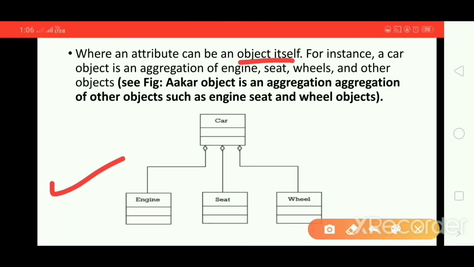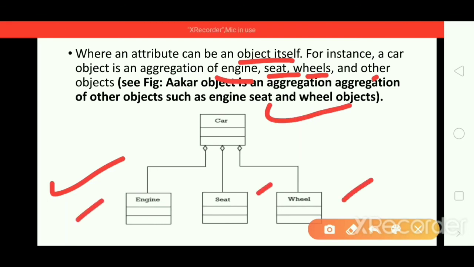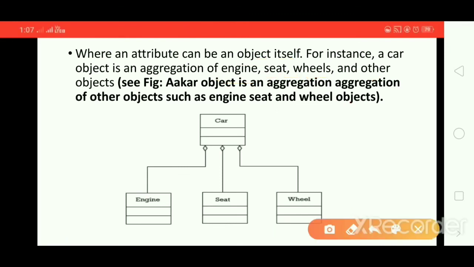For instance, a car object is an aggregation of engine, seat, wheel, and others. See guys, car is an object. It is composed of engine, seat, wheel, and these engine, seat, wheels have their own identity.